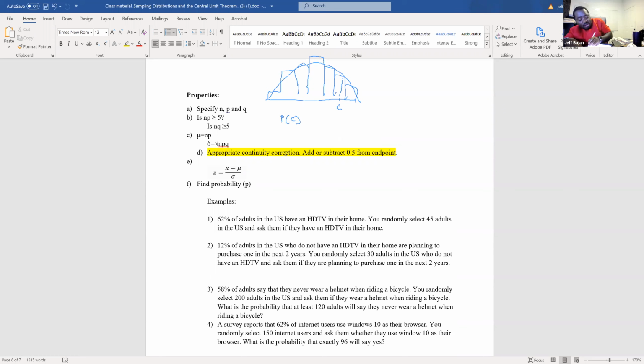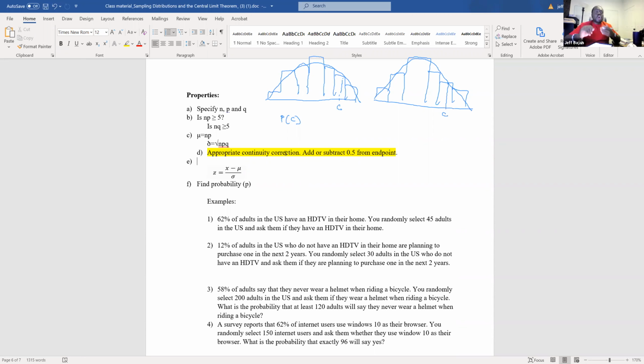Now, that doesn't hold true when you're doing it for normal distribution. In normal distribution, if you say C here, it's not true, because yes, you're assuming that it's C there, you're saying probably C there.